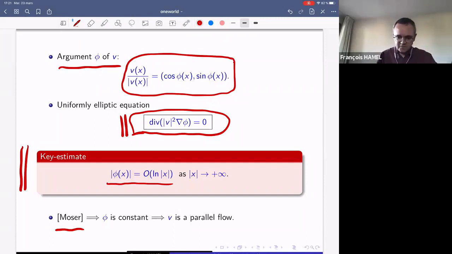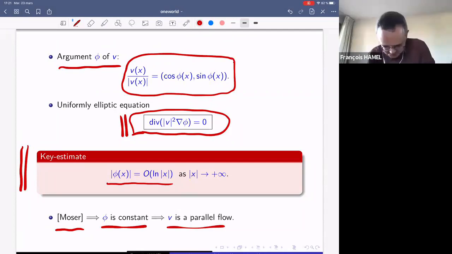So therefore, since this function phi grows at most logarithmically, it has to be constant. Since the function phi is constant, v is a parallel flow automatically. And the proof is done.